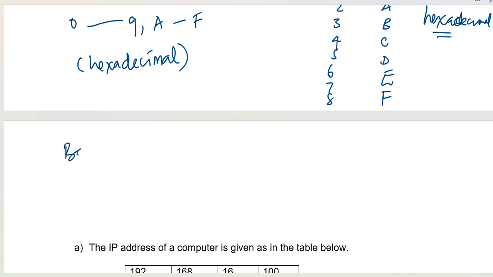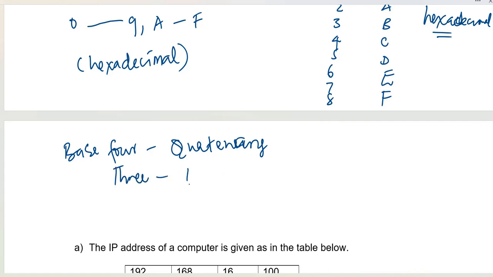The decimal is from 0 to 9. The octal is 0 to 7. So the idea is that whenever you hear the word base, the base of something, you don't include that number.